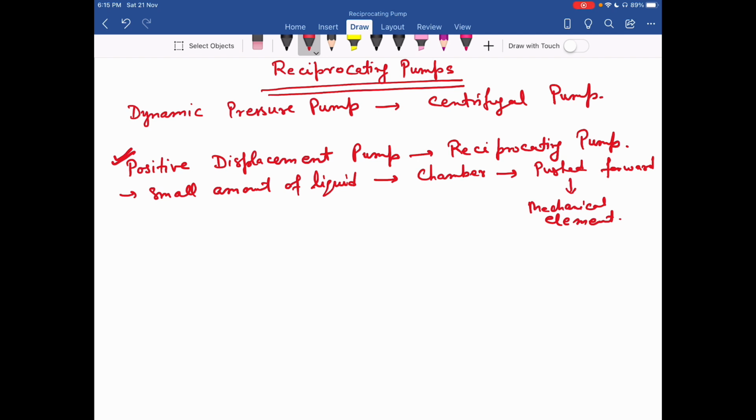Now this mechanical element can be a gear system rotating in a housing, or it can be a piston cylinder arrangement.